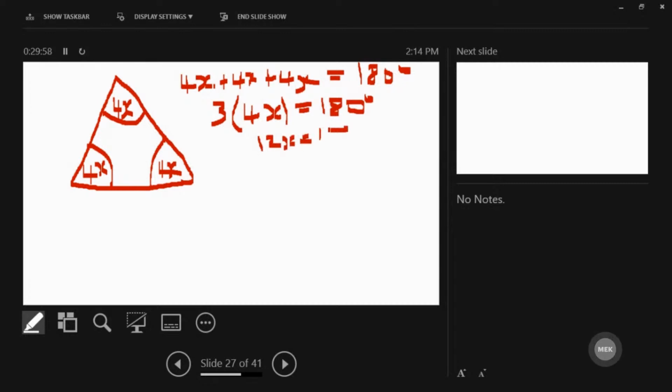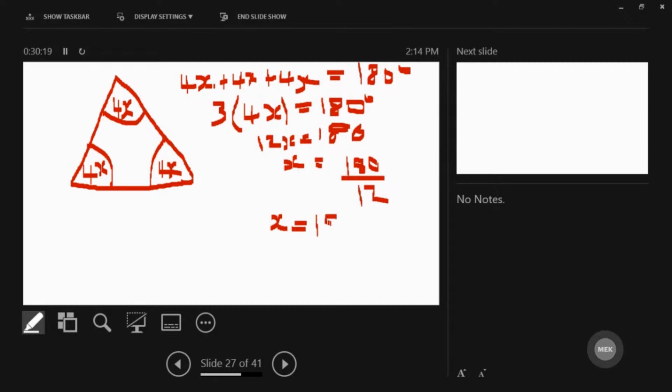So x then would be 180 divided by 12, which is, 180 divided by 12. That's 15 degrees, as Imani rightly said.